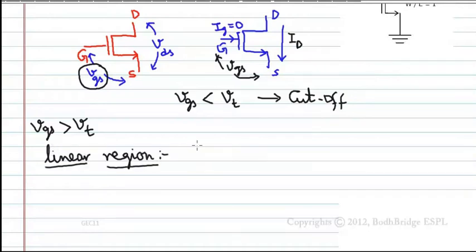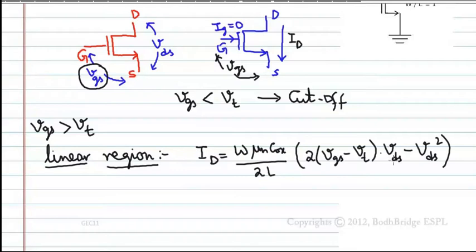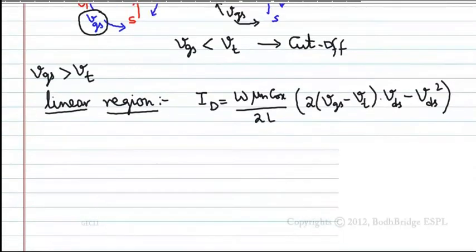Here Id is equal to W mu n COX by L into 2 times VGS minus Vt into VDS minus VDS square. This occurs when VDS is less than VGS minus Vt.